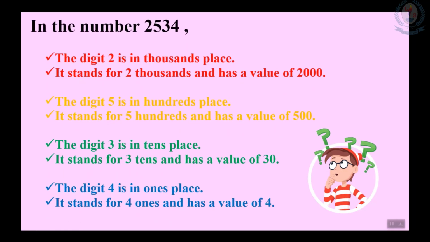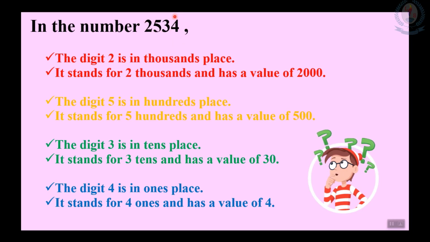In that previous number, 2534, the digit 2 is in the thousands place. Children, the thing you have to remember is that when we take a number, it can be a 2-digit number or 3-digit number or 4-digit number.